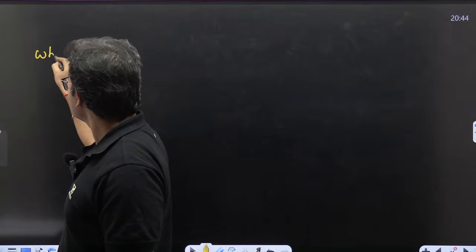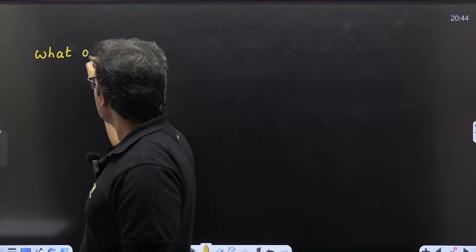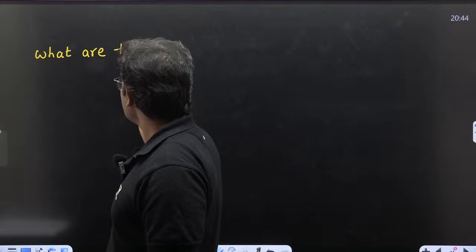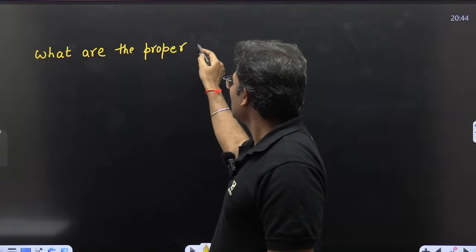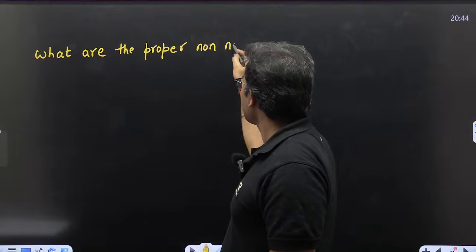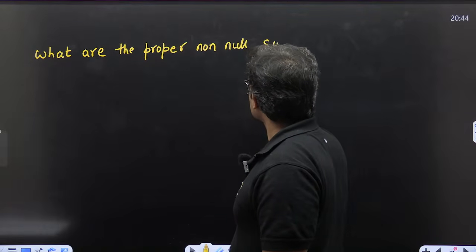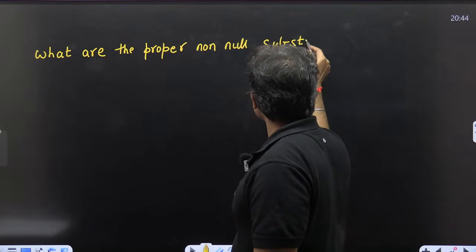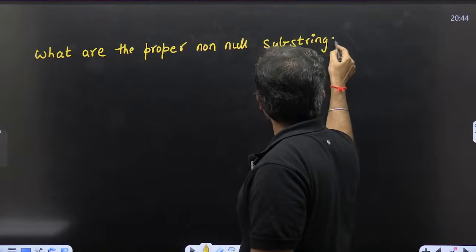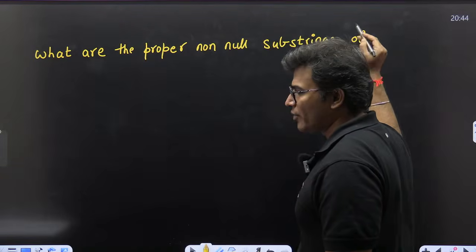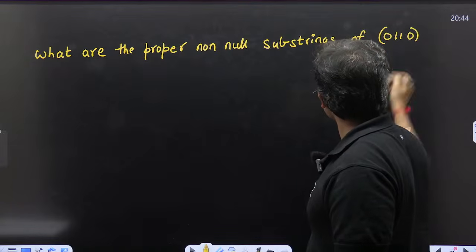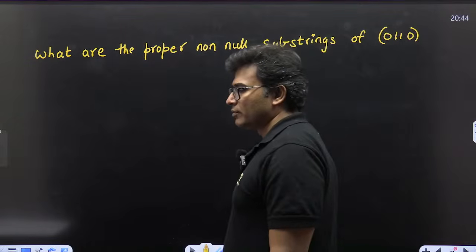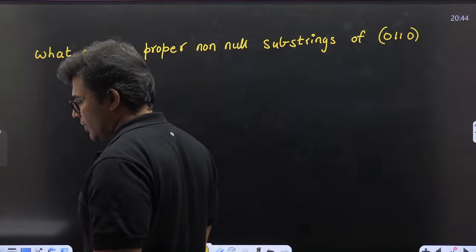We didn't discuss this model, but then I'm still giving you. What are all the proper non-null substrings of 0, 1, 1, 0?